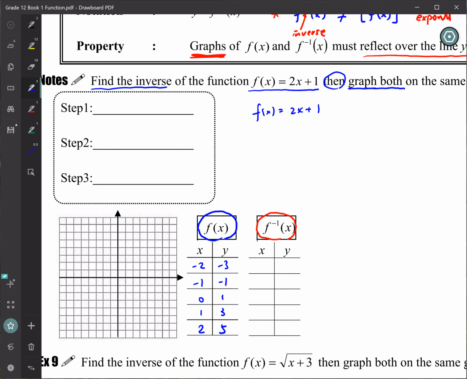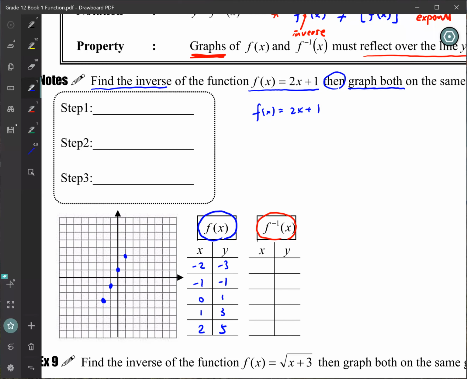Now let's graph the points and then make a line. This is a linear graph. So let's go to -2, -3. I'm gonna use blue color, so if you have a different color, you can use it. -1, -1, 0, 1, 1, 3, 2, 5.